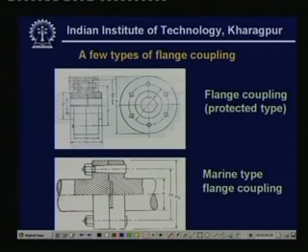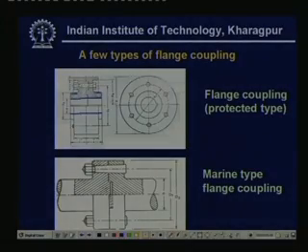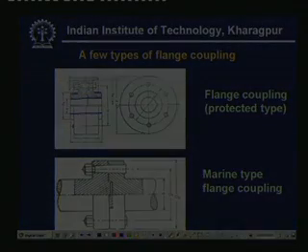Here is the shaft, and on top of it this part which is known as the flange. It has two sections. One is here, which is a relatively thick part, known as the hub, and this part which is relatively narrow is known as the flange, and these two flanges are connected by means of a few bolts.